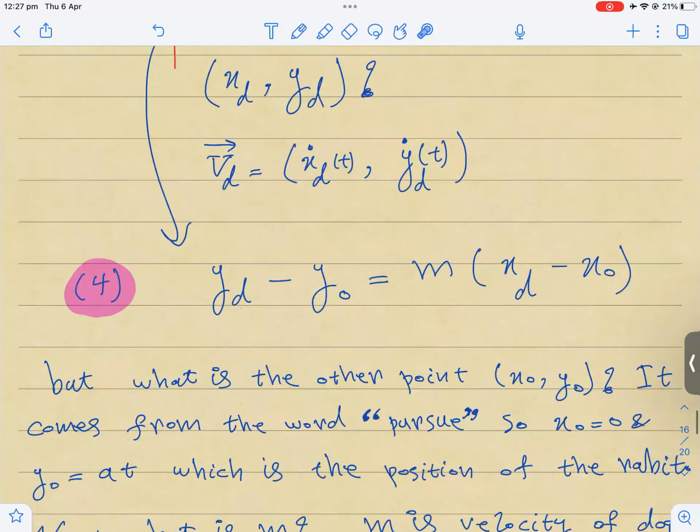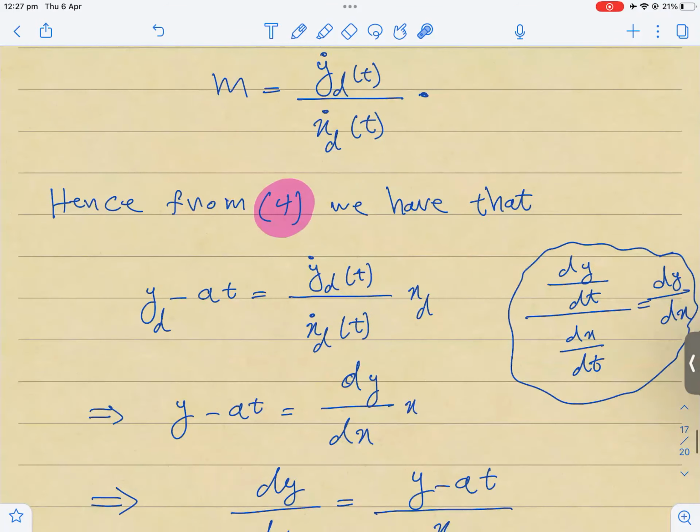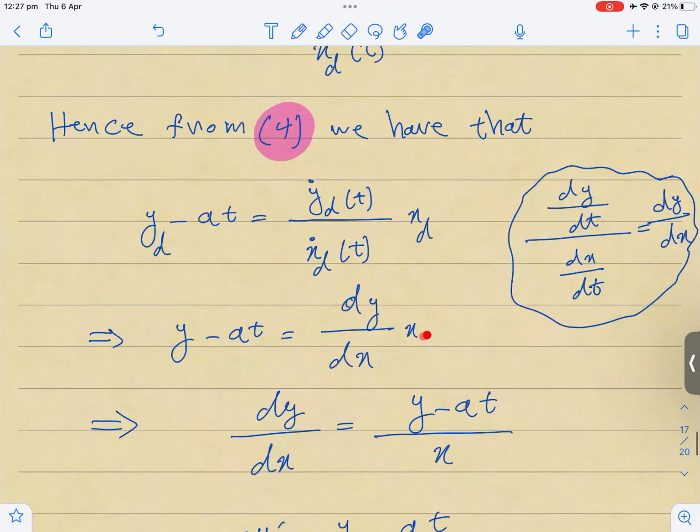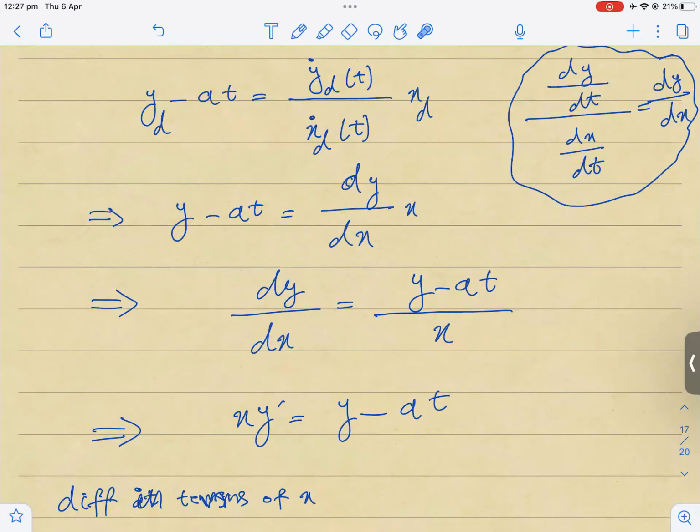Therefore, this becomes YD minus Y0 equals M times XD minus X0. That's why in the tutorial solution, suddenly in one shot you see this. We need to have a good explanation. Now from here, I can just rearrange the equation.